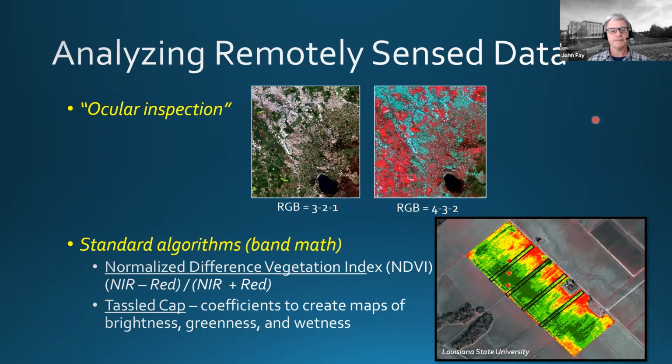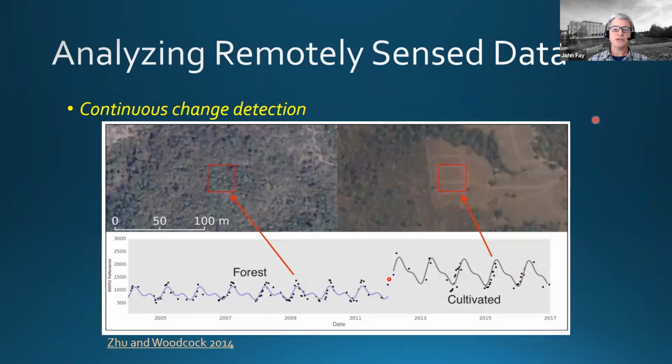Let's go investigate. Other things we can do: a lot of these satellites, as I mentioned, have been circling the globe continuously for a number of years and visiting locations. This Landsat 7 visits the same location every 16 days. So we can collect the same brightness value across one or many of those spectral bands and do a sort of time series analysis and say, okay, it looks like forest, still forest.